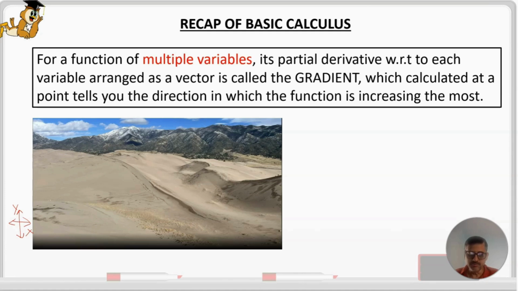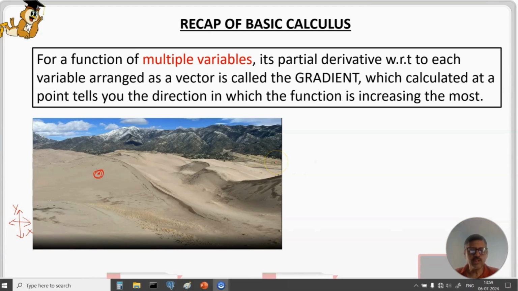Now suppose you are sitting at a particular value of x and y right here, and you had this function. This looks like a fairly complicated function, but let's say you could calculate its derivative at this red dot that I have drawn right here. I'm talking about the derivative with respect to each of these axes.